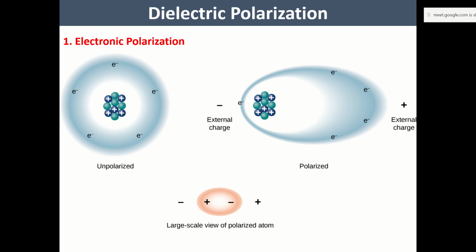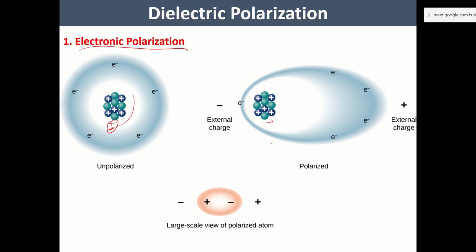If the molecule is neutral, it doesn't have any permanent dipole moment. Imagine a symmetric distribution of electronic charges. When the electric field is applied, it gets polarized. In the unpolarized case, the center of positive charge and the center of negative charge both align here.